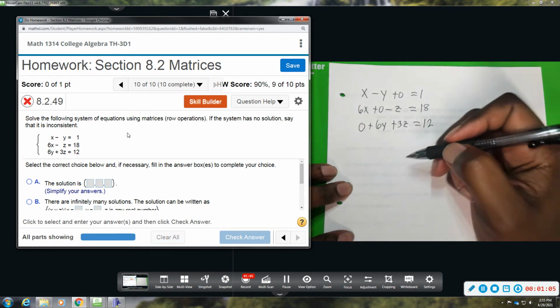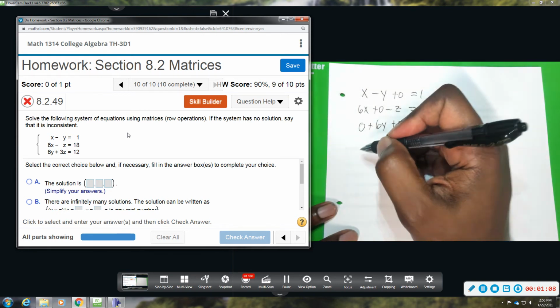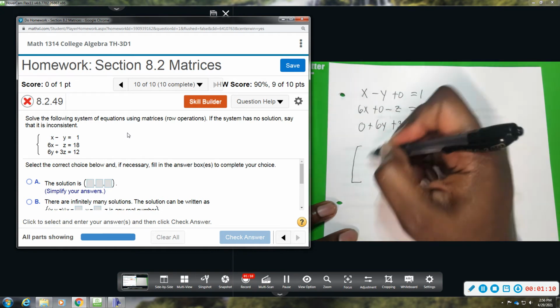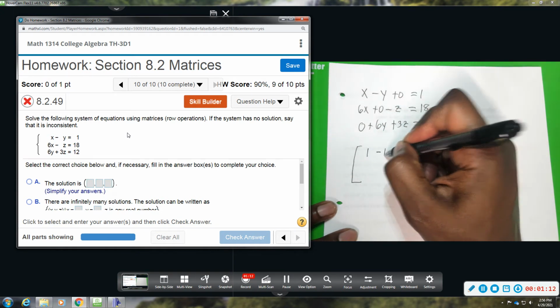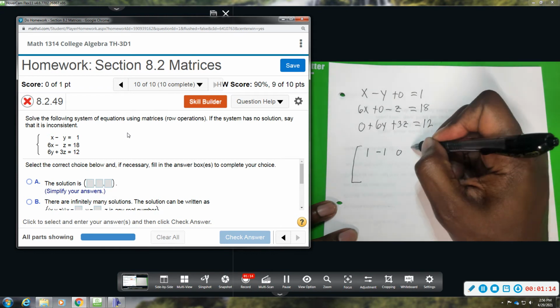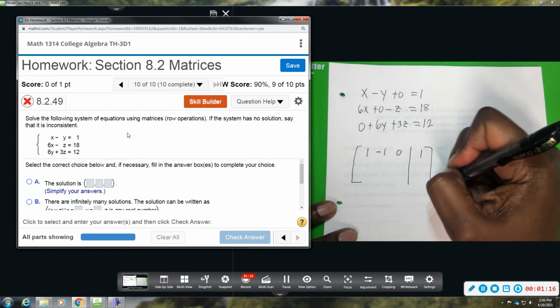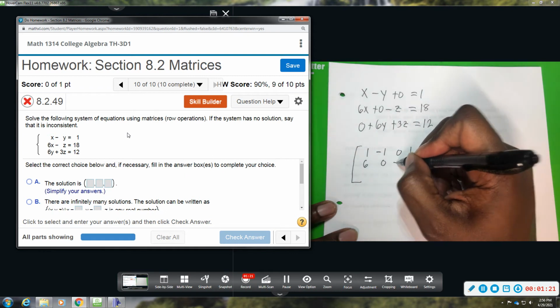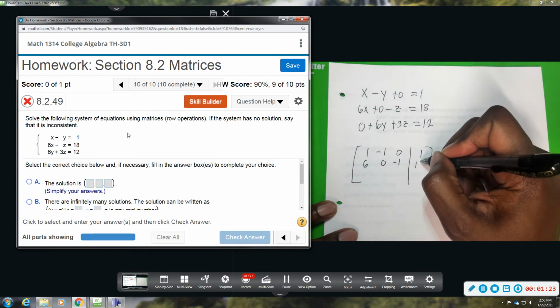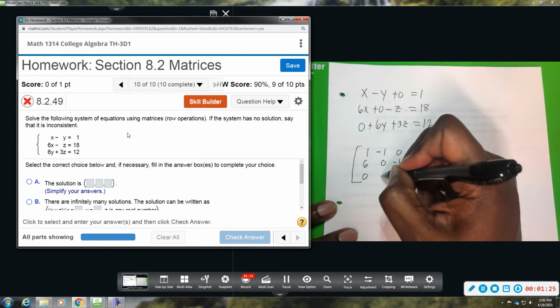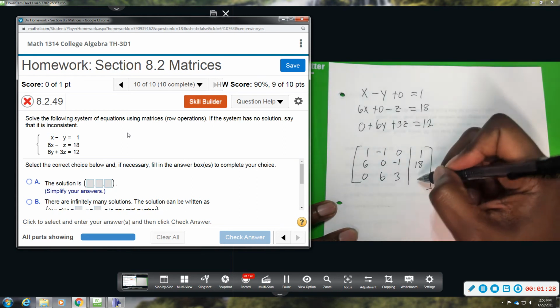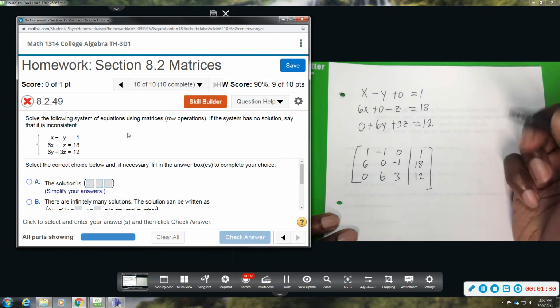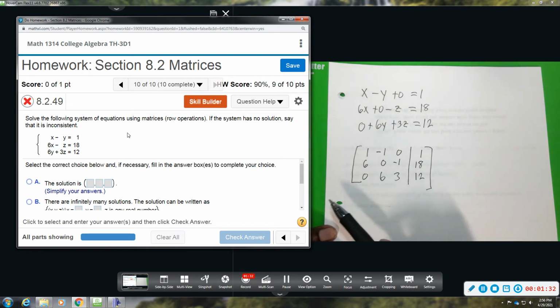Okay, so my augmented matrix will be 1, negative 1, 0, 1, and then 6, 0, negative 1, 18, and then 0, 6, 3, 12. We want ones down the diagonal, zeros everywhere else to solve this completely.